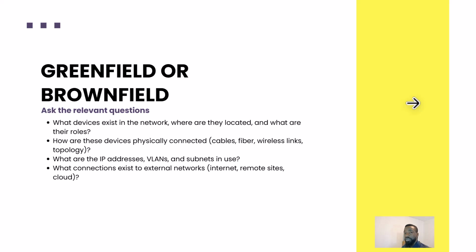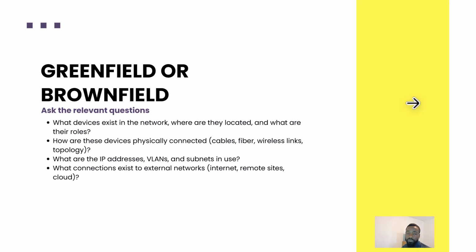If it's on a brownfield network, you need to ask very important questions like, one, what devices exist in the network. So you should have a fair idea of what devices are in the network. You should be able to do this by inspecting your various distribution facilities, your server rooms, and all of that to find out what devices are in the network. Where are the devices located, right? And what are their roles?